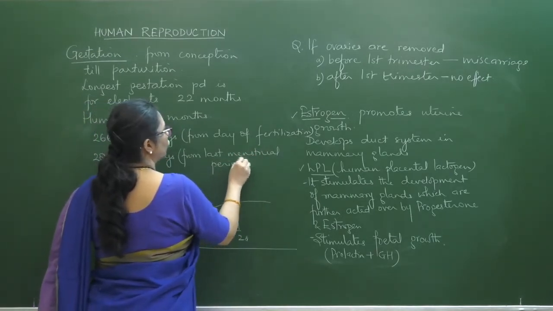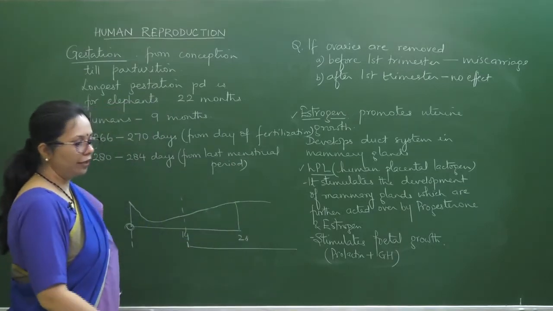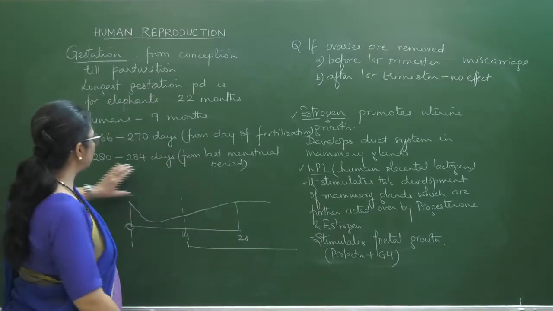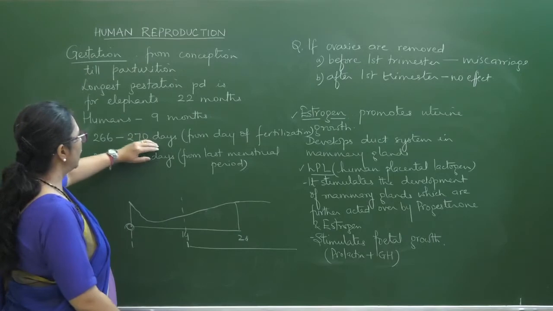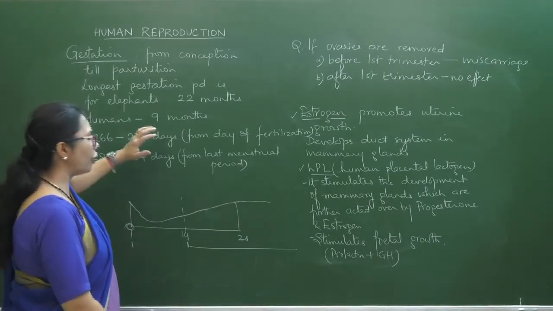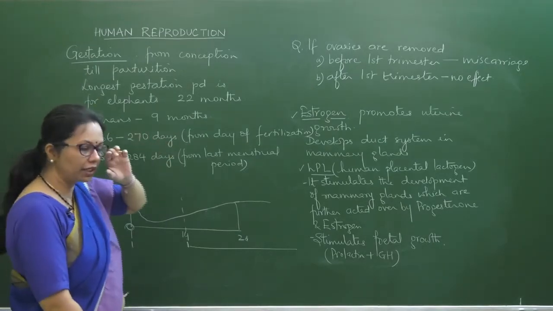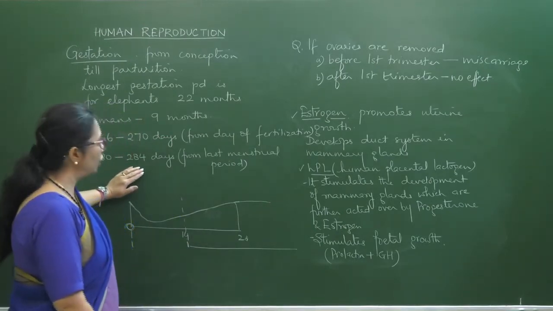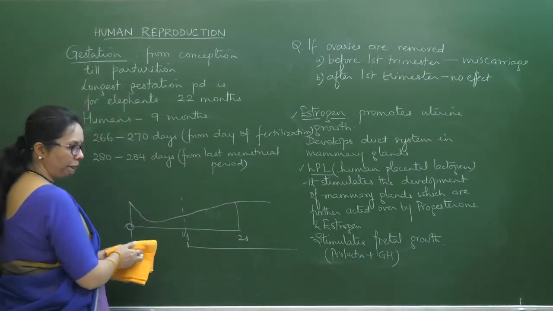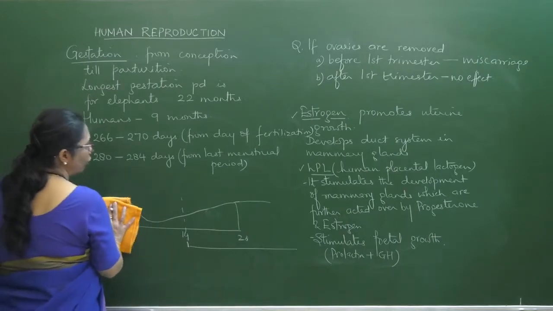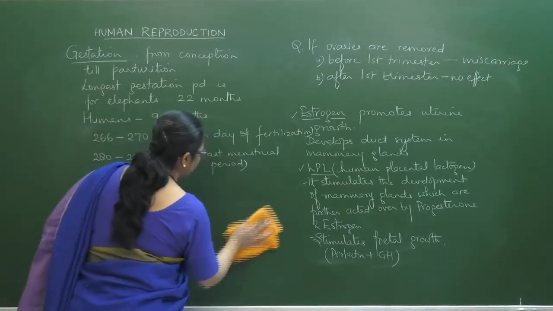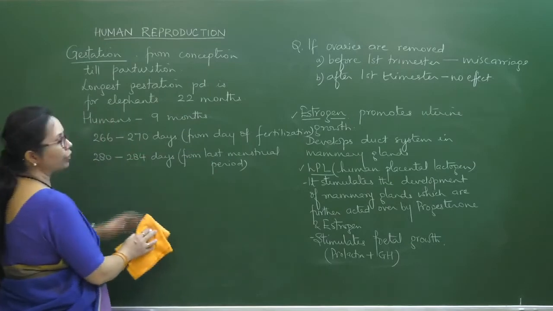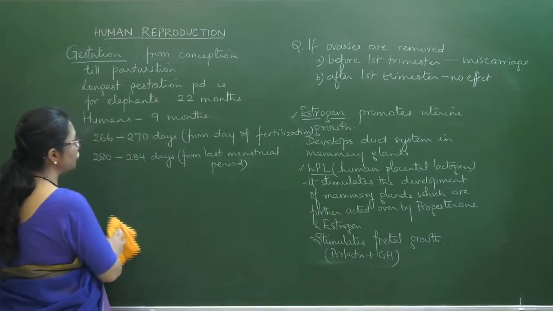I think the concept would be clear to everybody. Of course, for all calculation basics, all the gynecologists calculate it from the last menstrual period only. Clear? So now this entire phase, we can divide into 3 trimesters, 3 months each.